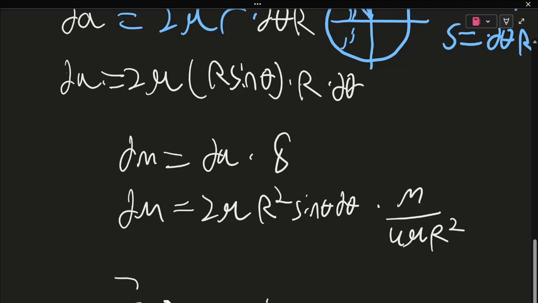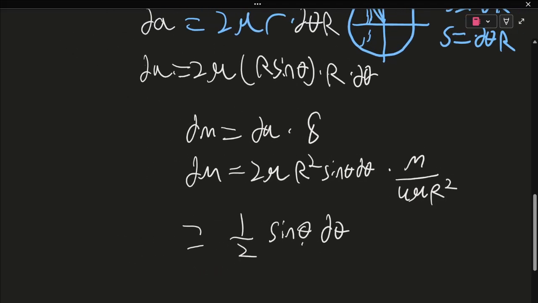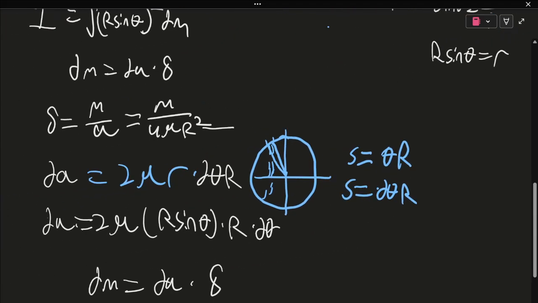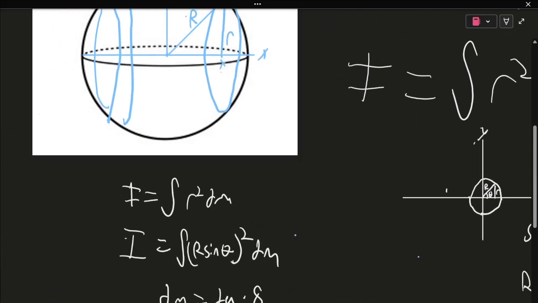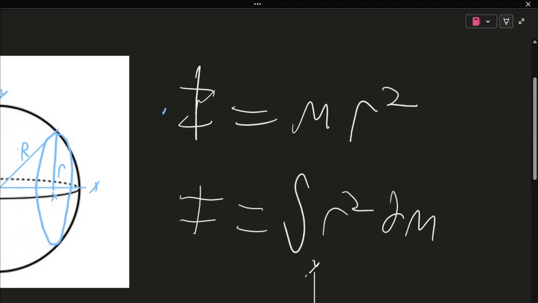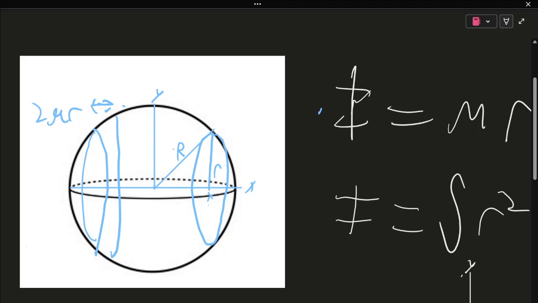So dm is going to be equal to 1/2 sine of theta d theta. And now we can plug this whole entire expression into our original moment of inertia equation. So I is going to be equal to the integral. And now that we know that it's going to be d theta, we can think about what bounds we're integrating this from. And it's going to be from 0 to 180.